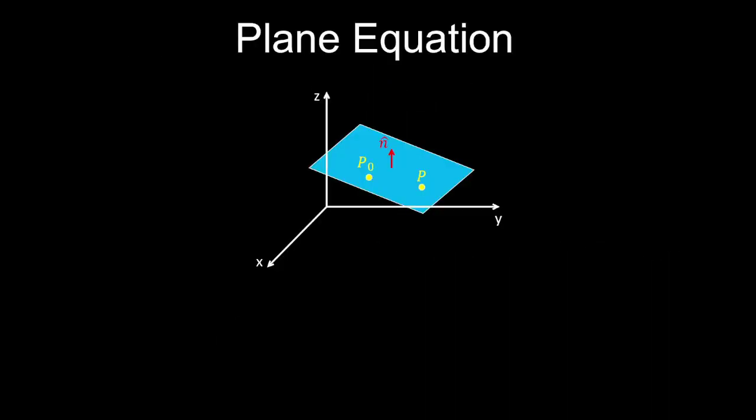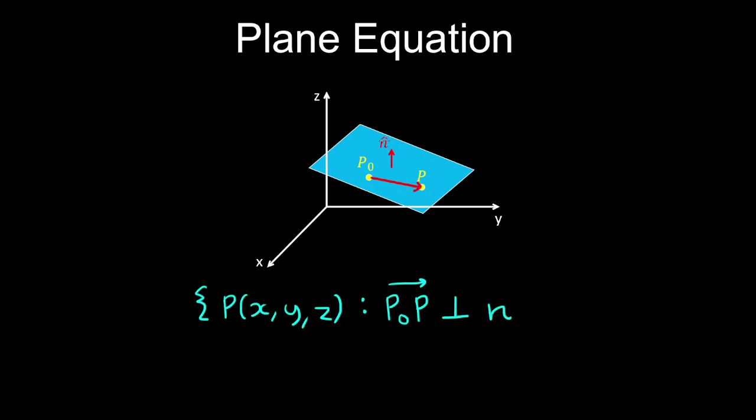We can define a plane in 3D space using a point on the plane and a vector normal to the plane. So given a plane passing through this point P0 and normal to the vector n, the plane is a set of all points with coordinates x, y, z, where the vector P0 to P, which is this vector, is orthogonal to the normal vector.